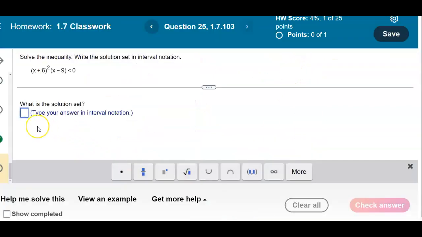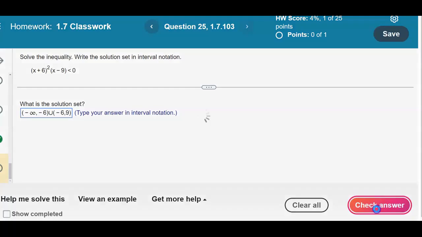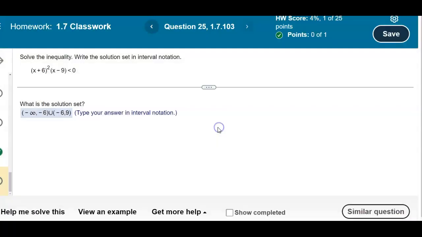So let's type this in. We have parenthesis, negative infinity, comma, negative 6, parenthesis, union, parenthesis, negative 6, comma, not infinity, but 9, parenthesis. Let's check our answer, and there is our result.